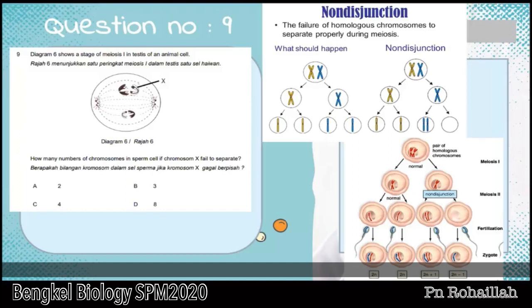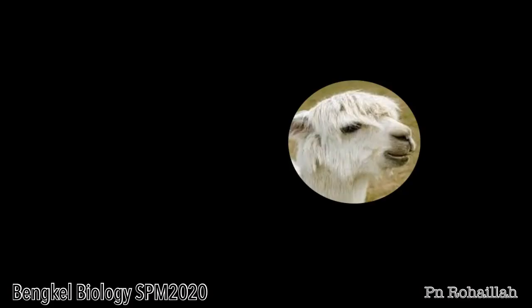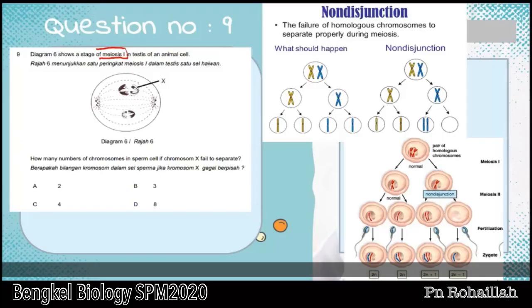Diagram 6 shows a stage of meiosis 1. So underline the word meiosis 1 in testes of an animal cell. How many chromosomes are in the sperm cell if chromosome X fails to separate? So you look at chromosome X, this one. But before that, look at the non-disjunction first.